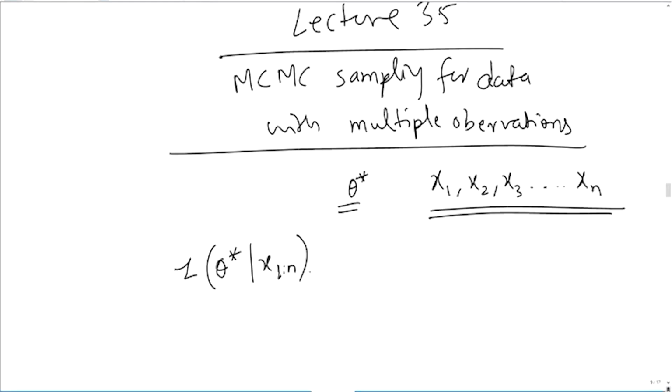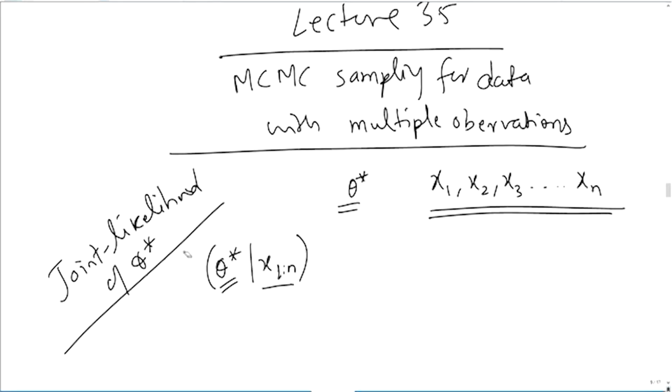So what is the likelihood of joint occurrence of all these data points x1 to xn when the parameter value is theta star? Okay, so what is the likelihood that this parameter theta star would generate jointly all these observations? So that's your joint likelihood. So we want to calculate the joint likelihood of theta star.